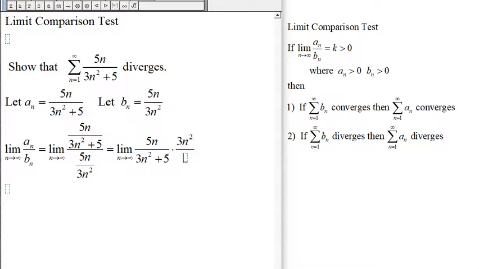So 3n squared plus 5 divided by 5n. And then the 5n will cancel out. And so we have the limit of just 3n squared divided by 3n squared plus 5.